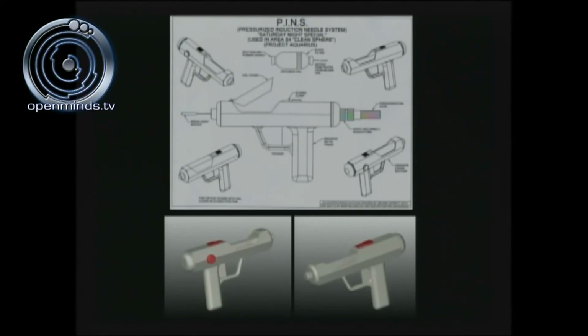And one way they did that is to use this pressure-induced needle system that Dr. Dan Burrish personally told me was very small. He called it a Saturday night special, and it had a pneumatically actuated hose off the aft end of the pins device. There was a small cartridge that was loaded right inside the shaft here, and you could take the tissue samples that was sent up to the analysis department.